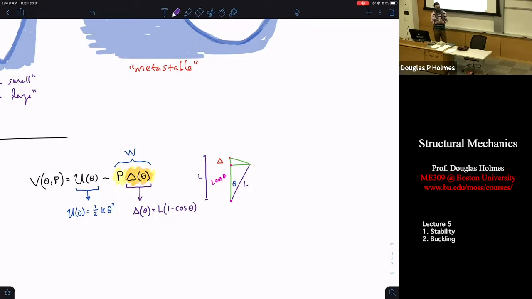Sound good? Okay, take a second and see if you can calculate the equilibrium configuration. What you want to find is P as a function of theta.